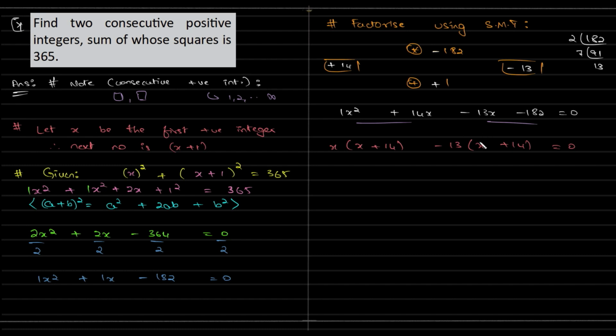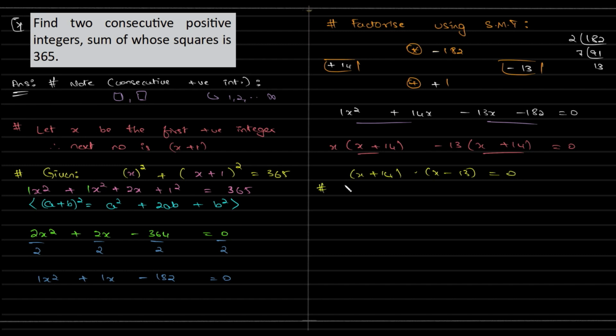How minus 13? 1 into minus 13 is minus 13, and minus 13 into plus 14 is minus 182. So it makes sense to take out minus 13, and we need x plus 14 as well. That's how you can figure out that x plus 14 is the common factor. Then we have one last step: (x plus 14) into (x minus 13) is equal to 0.